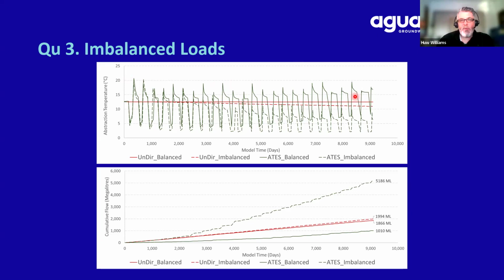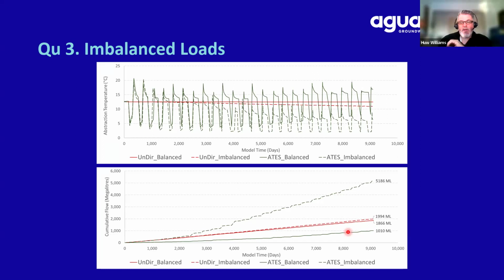If we plot out how much water needs to be abstracted to satisfy those heating and cooling loads, we can see that for the unidirectional systems there's very little difference in how much water was pumped over the 25 years that I modeled. We're talking nearly 2,000 megalitres of water within 25 years.